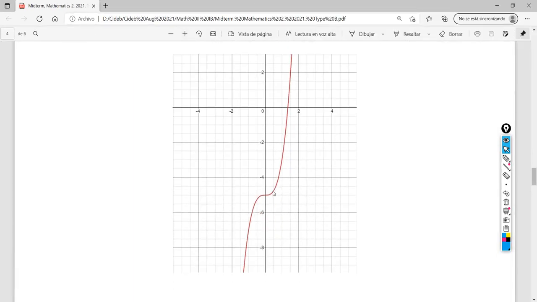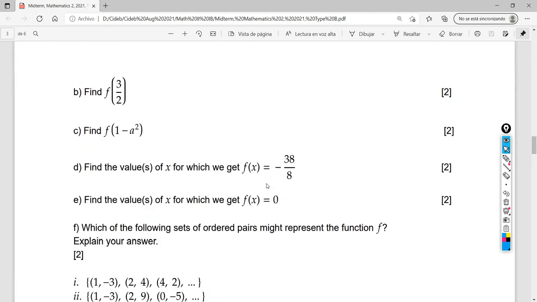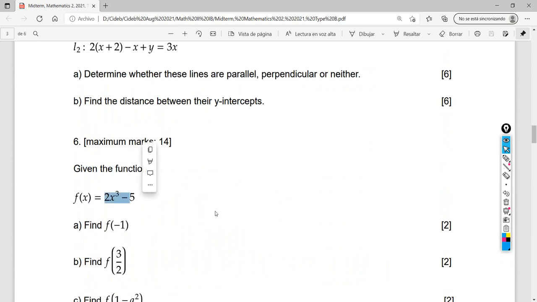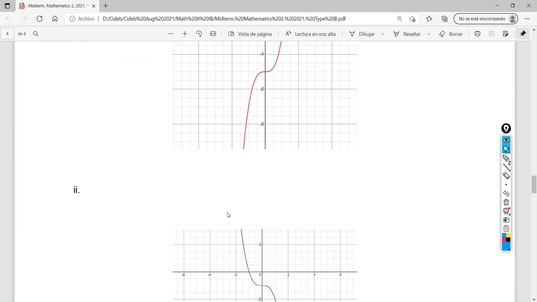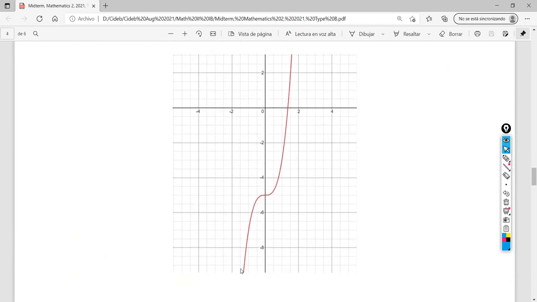How do you know that this graph is the one that corresponds to this particular function? Okay, same idea. All that you have to understand is that a graph is the collection of points, the collection of ordered pairs that make f. For example, look at this point.